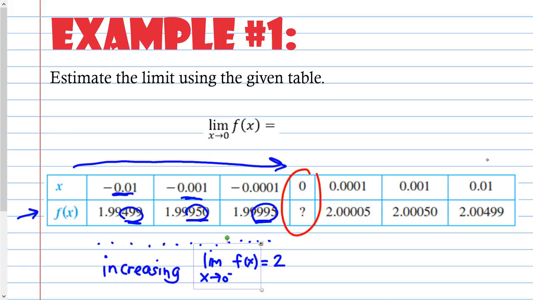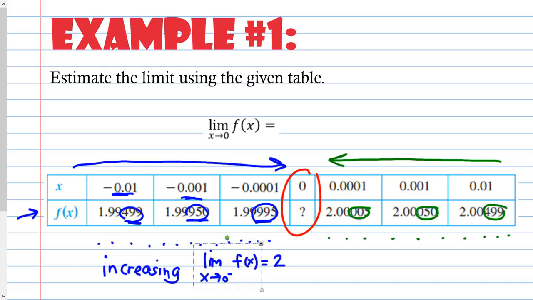Now, for the right side, as I move along here, once again, the numbers are pretty close to 0. As I travel from the right, what seems to be happening to these numbers? So again, I'm going to focus on the last three numbers. These numbers aren't increasing, they're getting smaller.